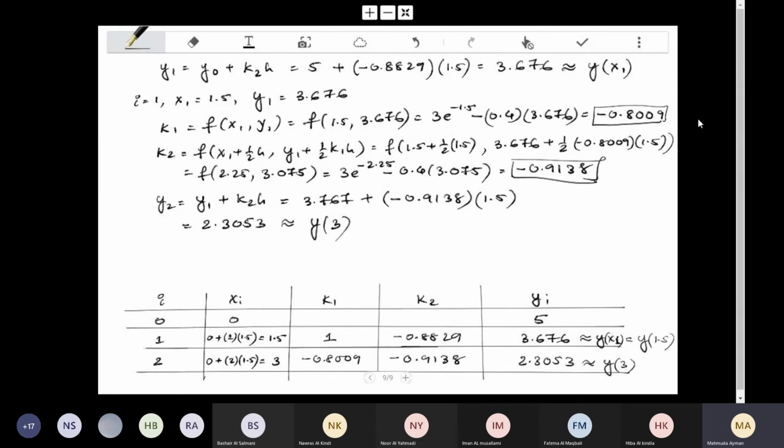Okay, and then now if you remember, the exact value of this one here at x is equal to 3 was 2.763. So we have the absolute relative true error is equal to 16.5%. So the midpoint rule, the error seems to have increased compared to the Heun's method.